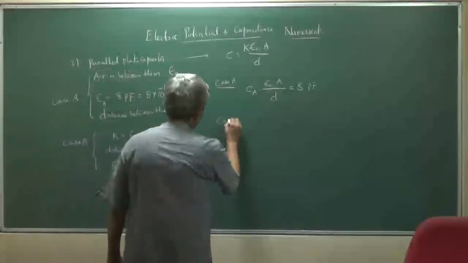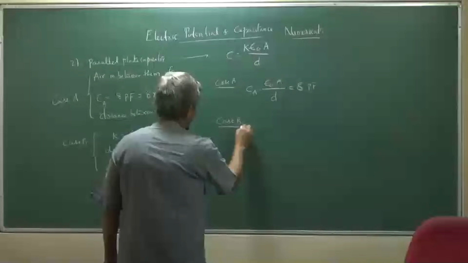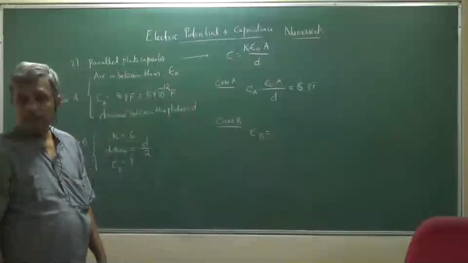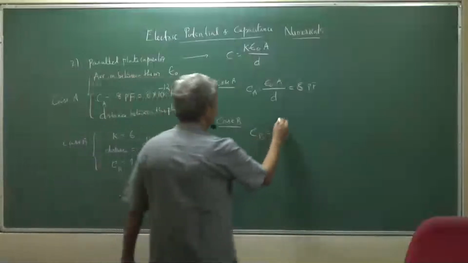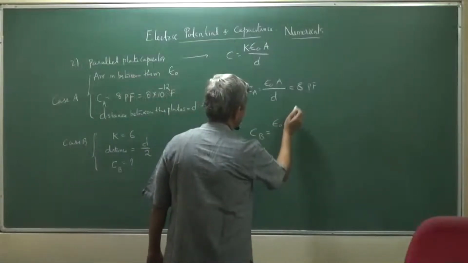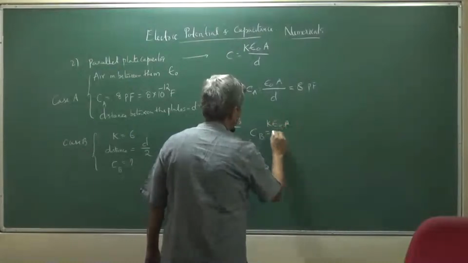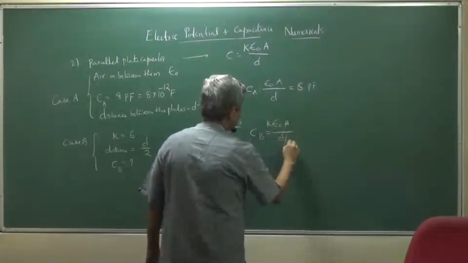Now case B. CB is equal to K into epsilon naught into A by D by 2.